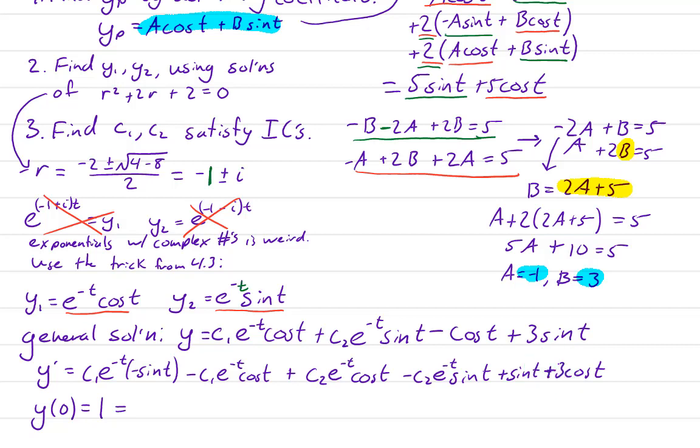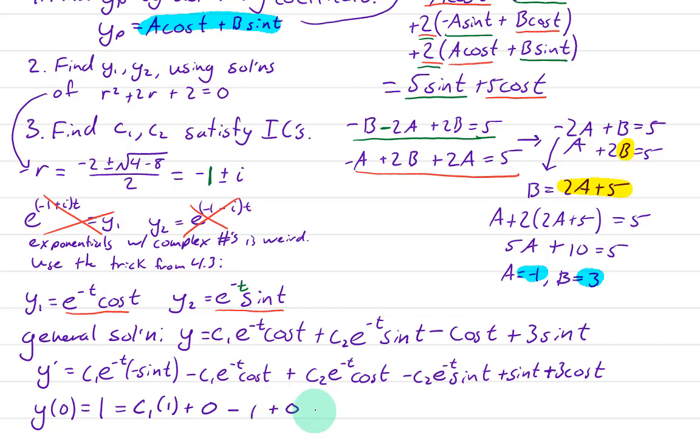Now we want to plug in 0 to get 1. That's going to look like C1 times e to the 0, which is 1, times cosine of 0, which is 1; sine of 0 is 0, so that's C2 times 0; minus cosine of 0, which is 1, plus sine of 0, which is 0.